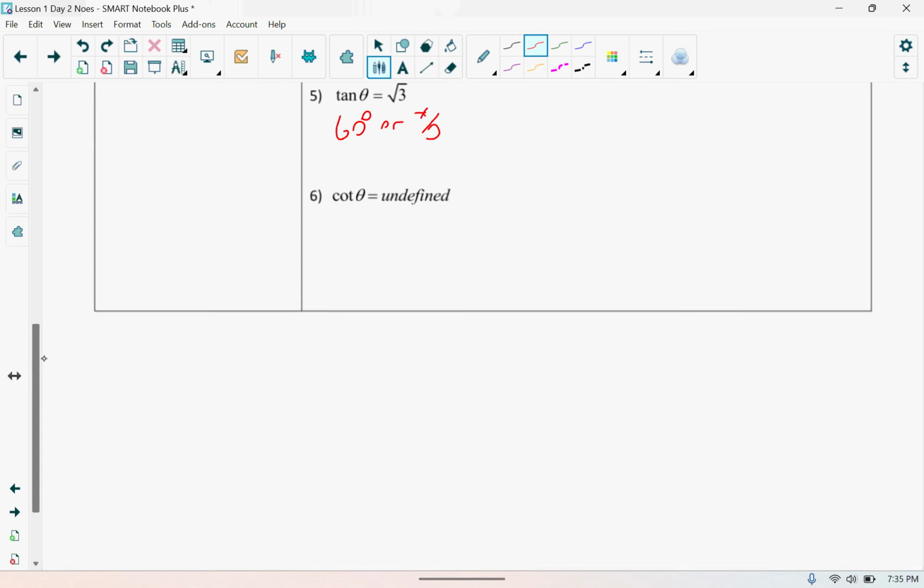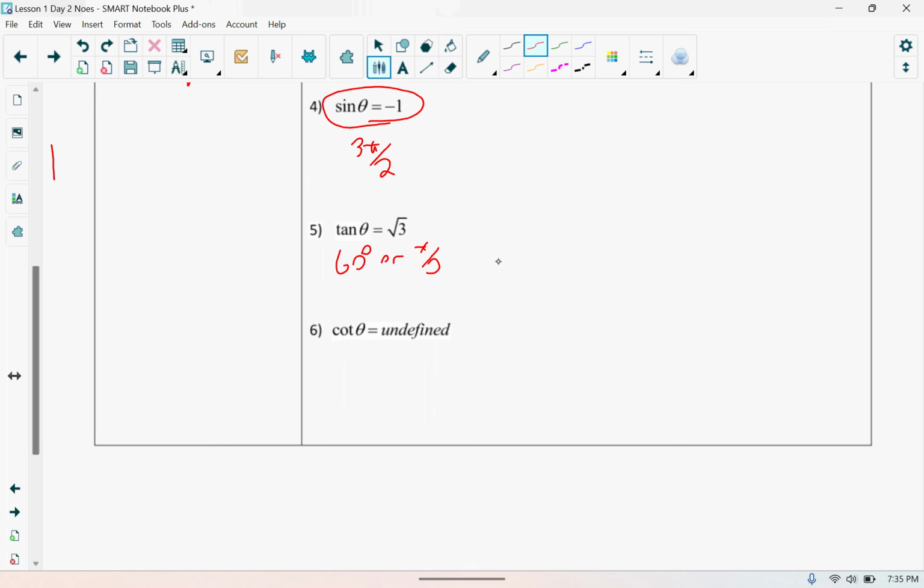So in quadrant 1, it's going to be pi over 3, but in quadrant 3, the 60-degree reference angle is going to be 4 pi over 3. So again, this is like 60, and this is like 240.